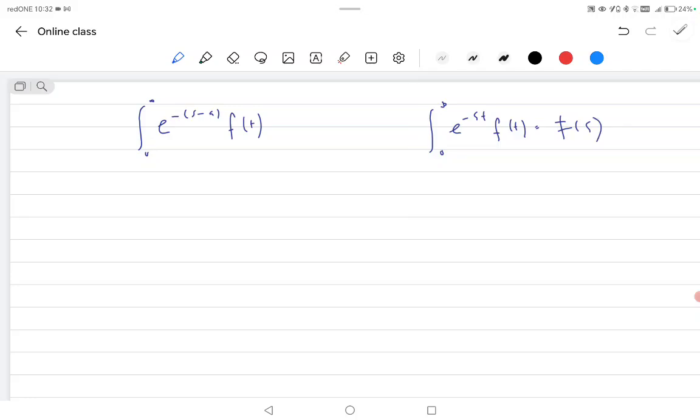So let's say we put p equal to s minus a. So we get the integration from 0 to infinity of e to the power of minus pt f(t) dt.